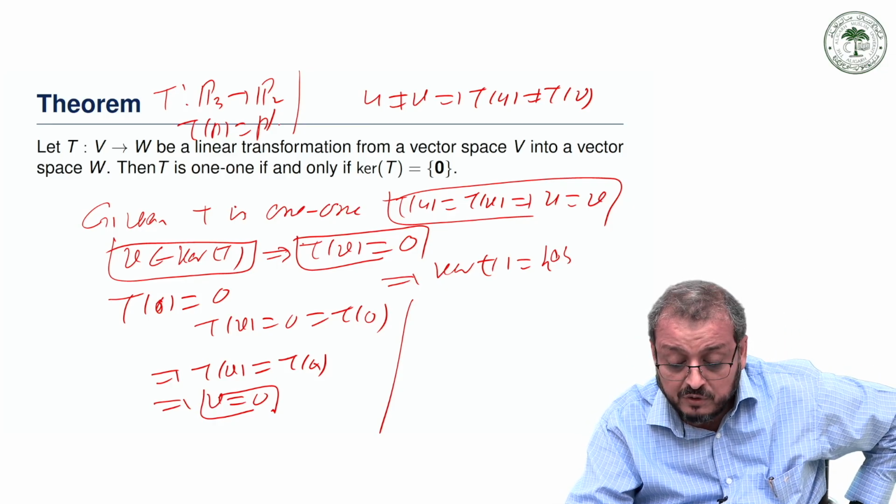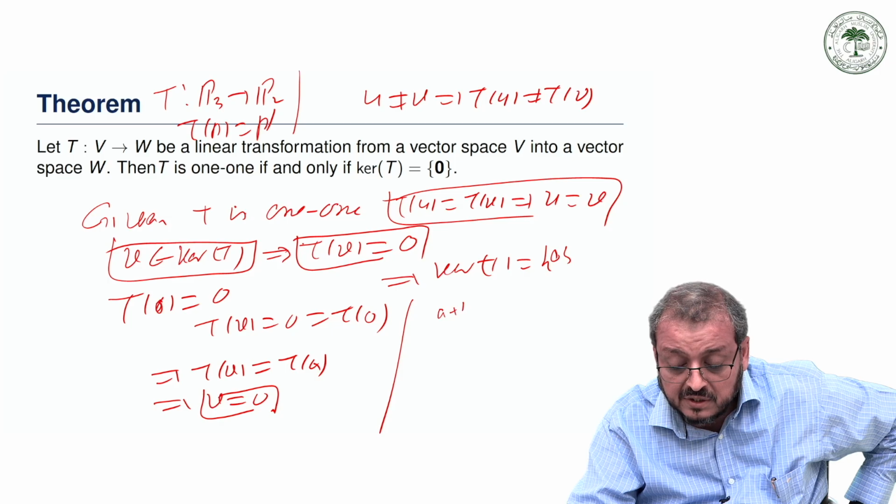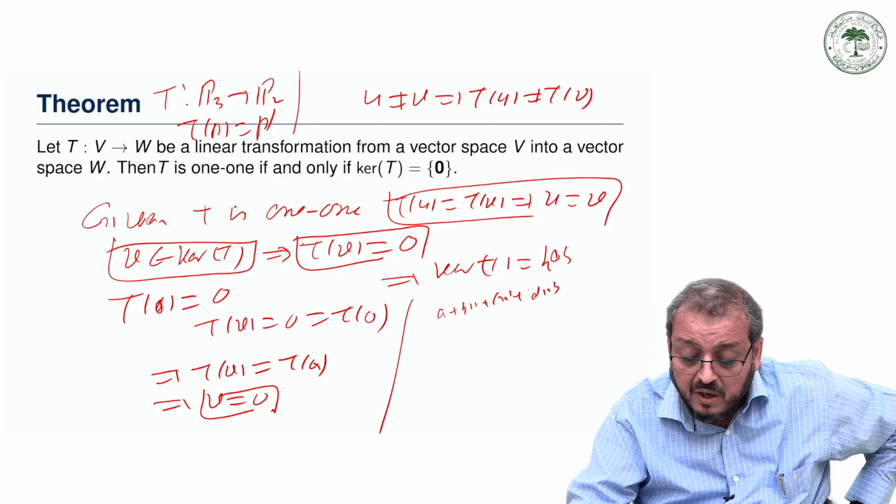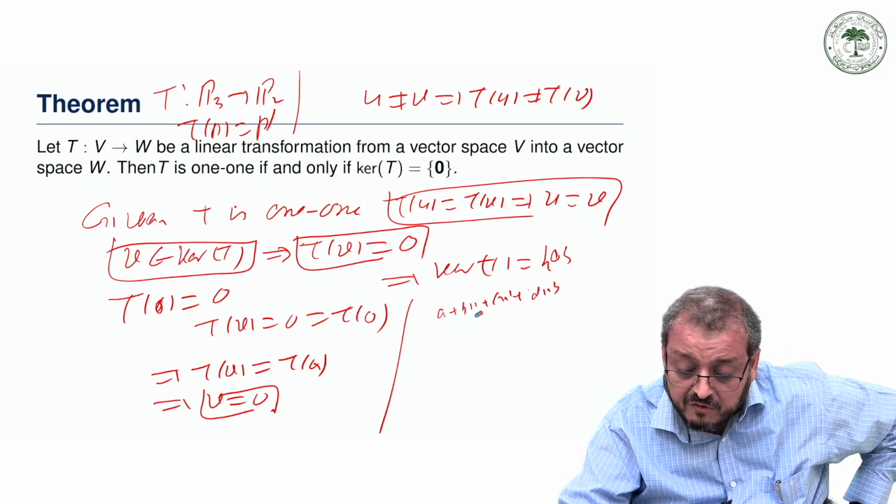So suppose we take any element a plus bx plus cx square plus dx cube, and now we take a derivative of this.